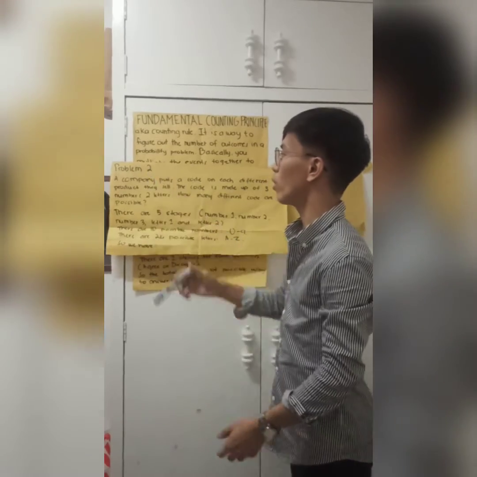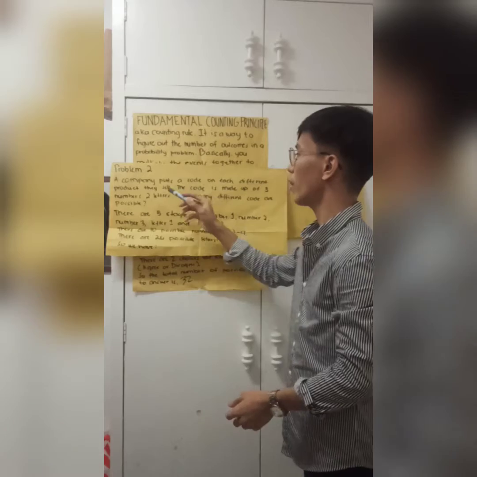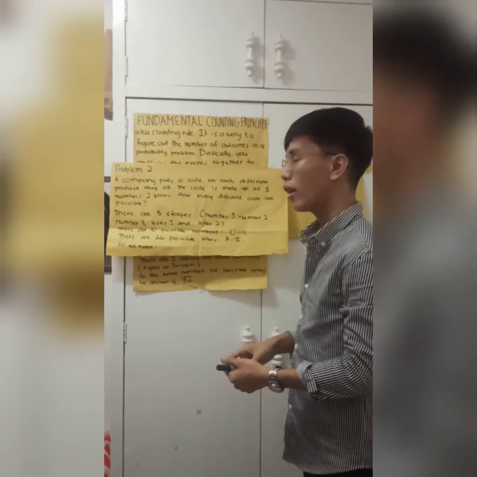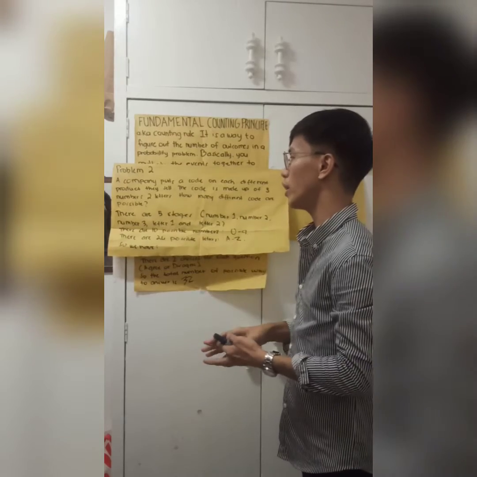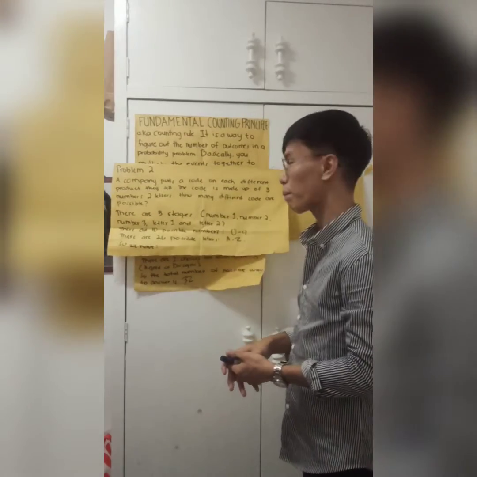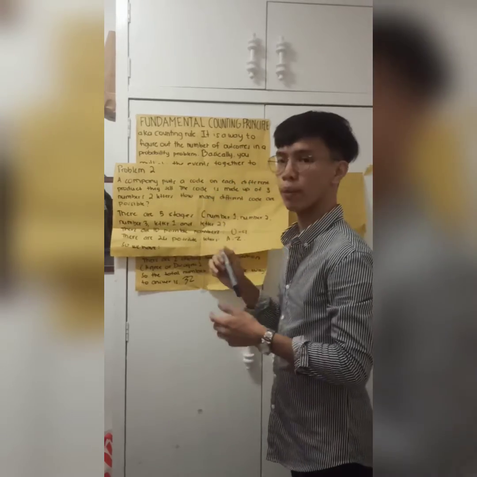Problem number 2. A company puts a code on each different product they sell. The code is made up of 3 numbers and 2 letters. How many different codes are possible?